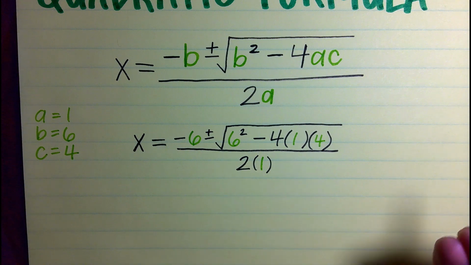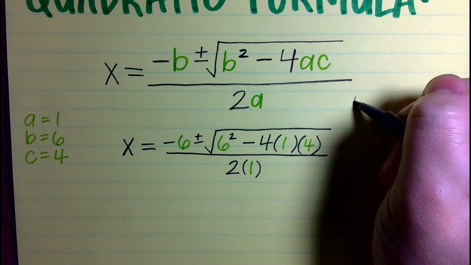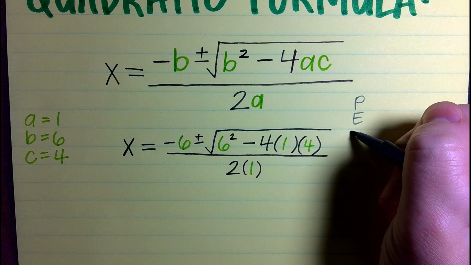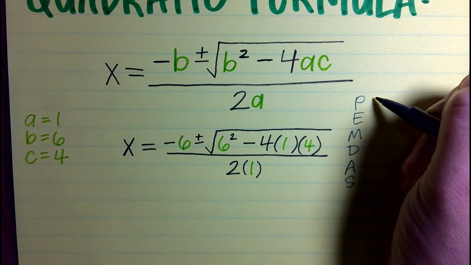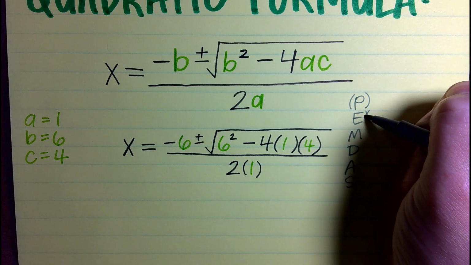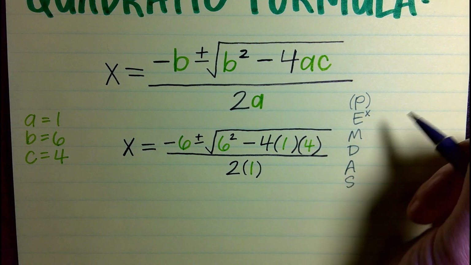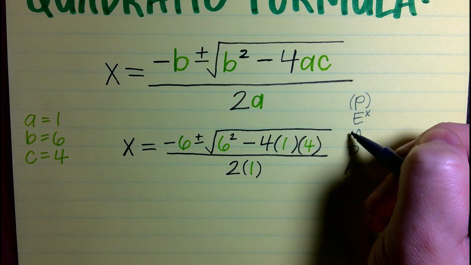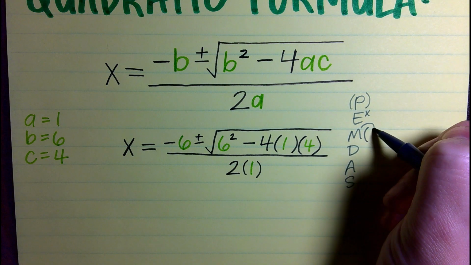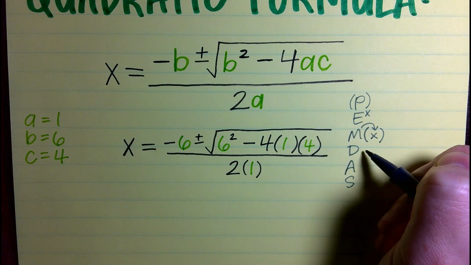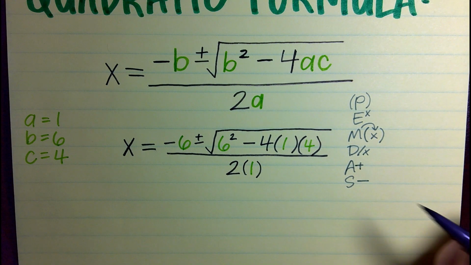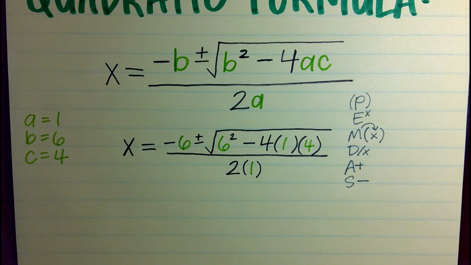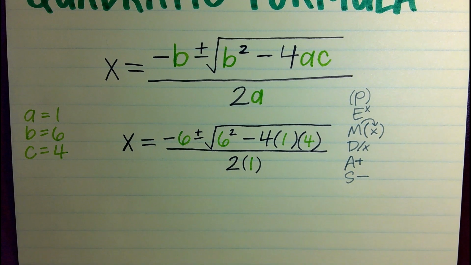Our order of operations, remember, we've got parentheses, exponents, multiplication, division, addition, subtraction. Kind of just giving the best key I can. It's up on the wall too. So what's the first thing that we should do?